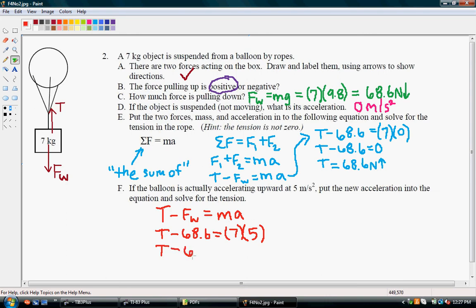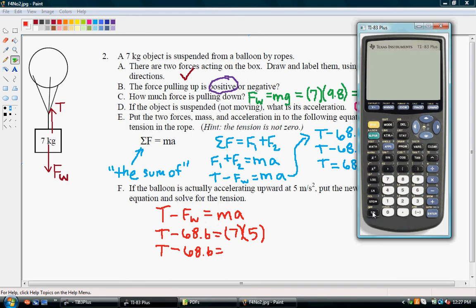When we multiply that out, 7 times 5 is 35. Let's plug that into our calculator. 7 times 5 is indeed 35. So we're going to put 35 here.